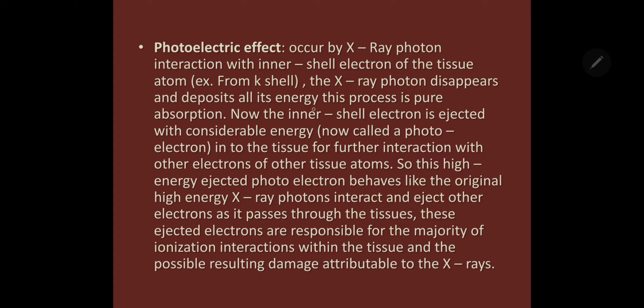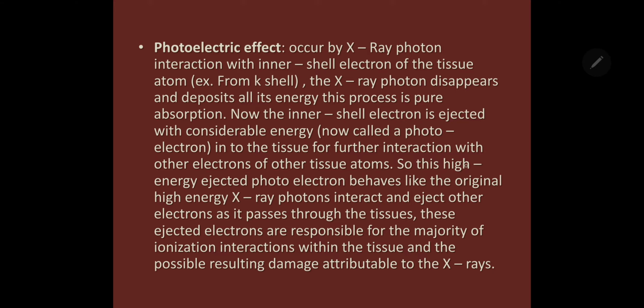Now, the inner shell electron is ejected and considered a photoelectron because it behaves like an X-ray photon in the tissue for further interaction with other electrons of other tissue atoms.